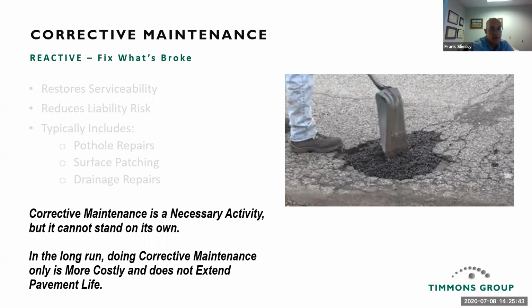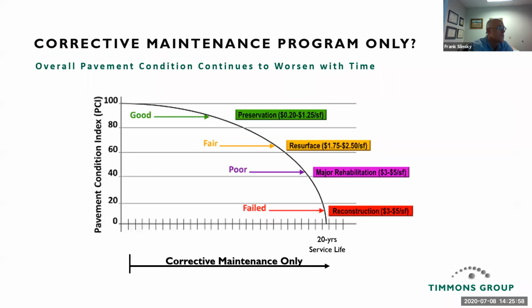Corrective maintenance is a necessary activity, but it cannot stand on its own. In the long run, doing corrective maintenance only is more costly and does not extend pavement life. So if you have a corrective maintenance program only, the overall pavement condition continues to worsen with time.